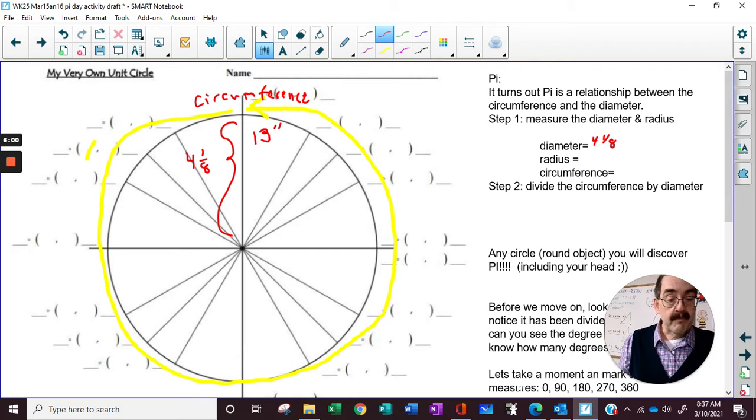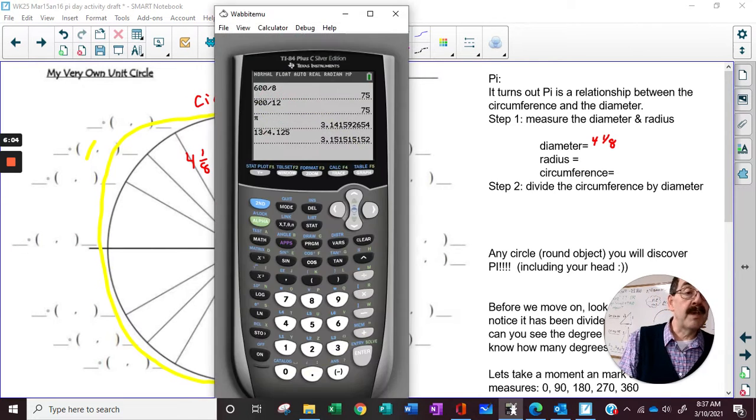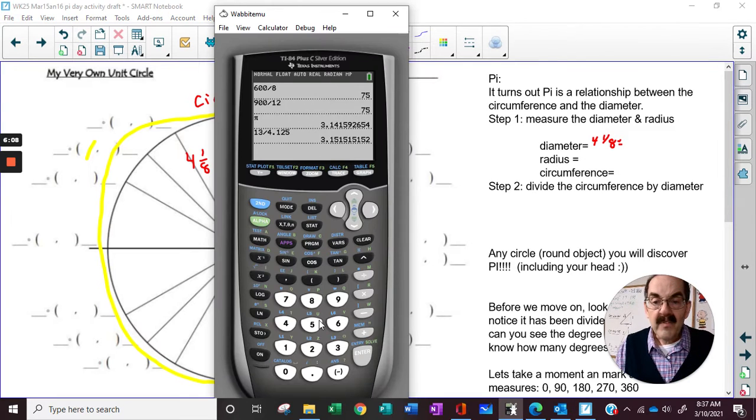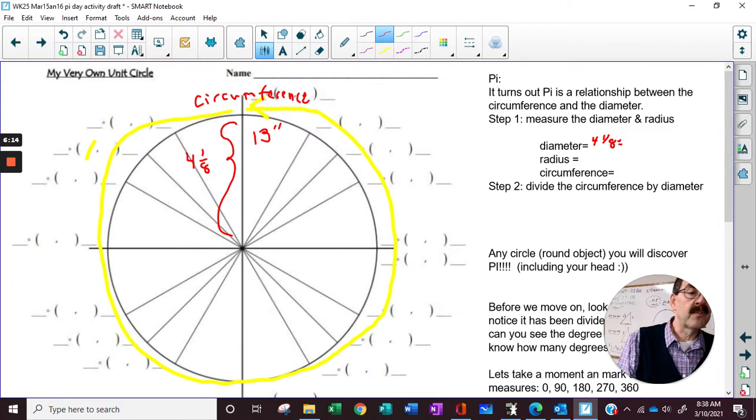Now, if you want, you grab a calculator, and 4 1/8 turns out to be, go ahead and divide it out. 1 divided by 8 equals 0.125. For those of you that don't like fractions, 4.125. Okay?